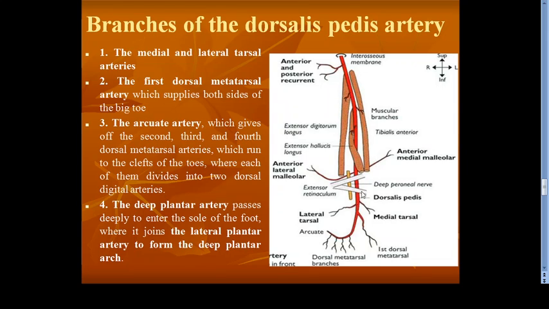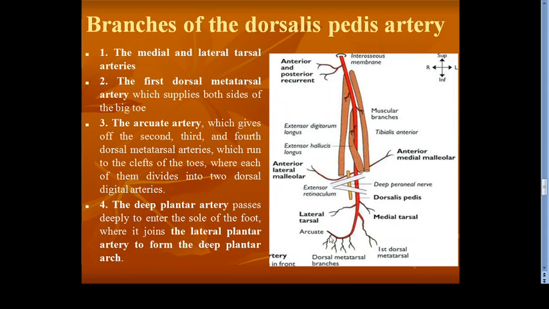So what are the branches? First of all, you can appreciate there are lateral and medial tarsal arteries. There is another branch, the first dorsal metatarsal artery, which is going to supply both sides of your big toe.